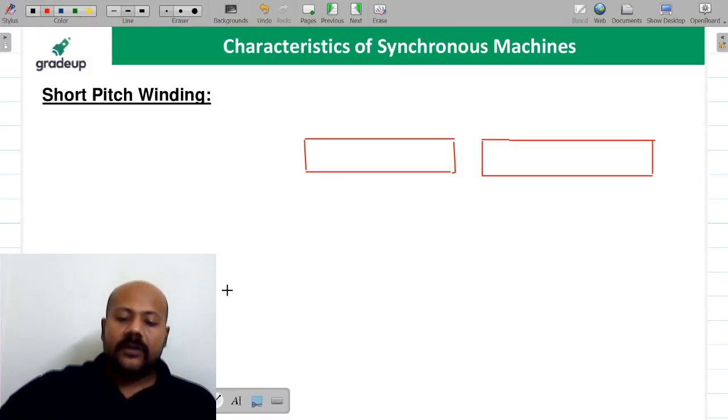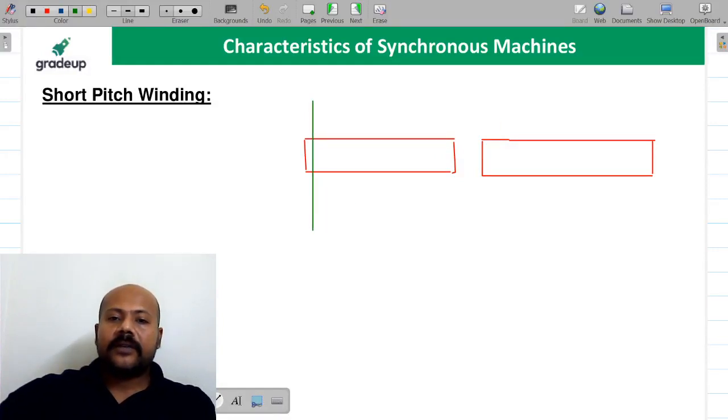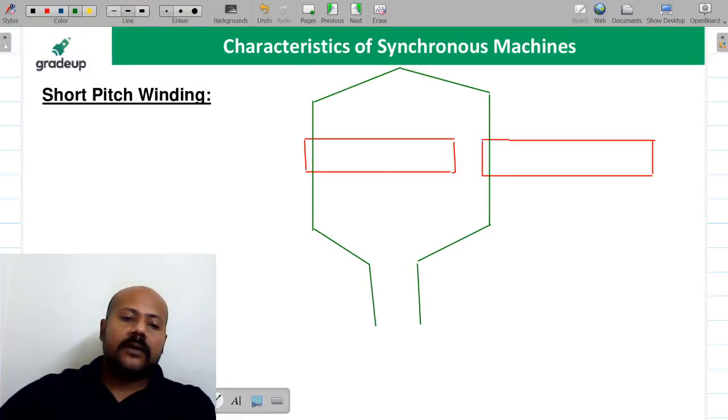Okay. Suppose, beta, you have something like this. This is the north pole and south pole, and these are the coil sides. Suppose this is the AB coil side and this is the CD coil side.